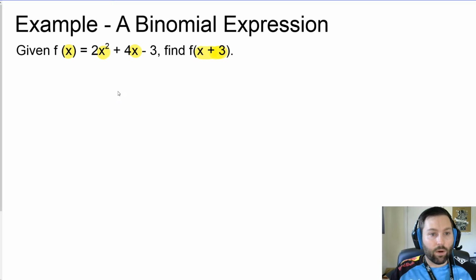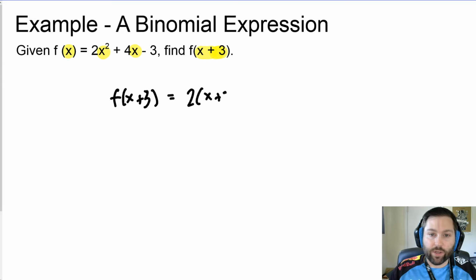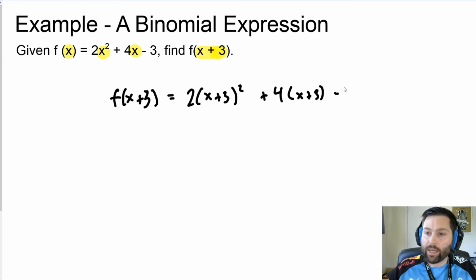So when I write it out, I get f of x plus 3 equals 2 times x plus 3 squared, plus 4 times x plus 3. So you're going to need a little more room for this one, minus 3.